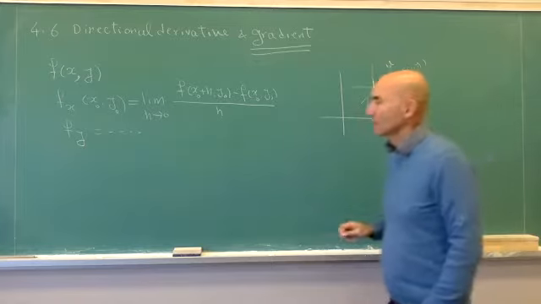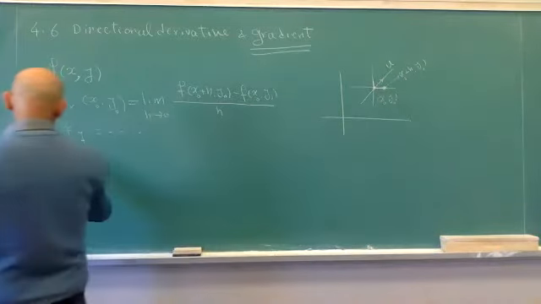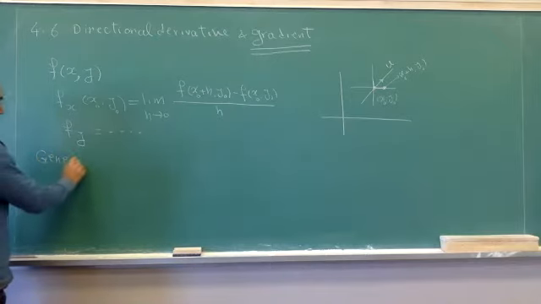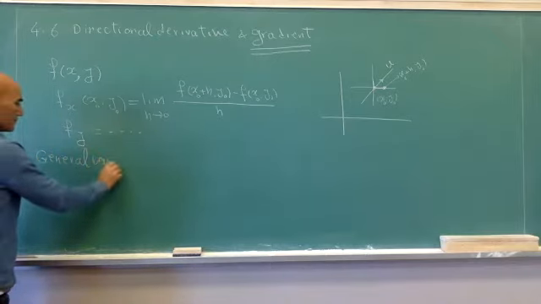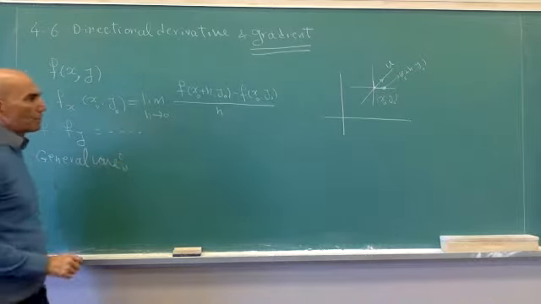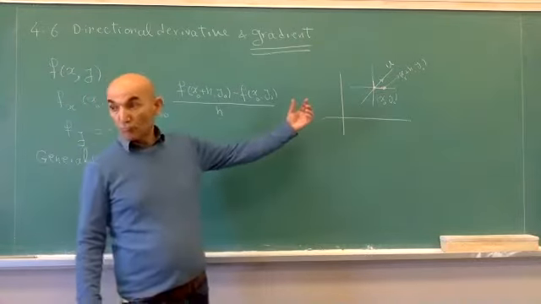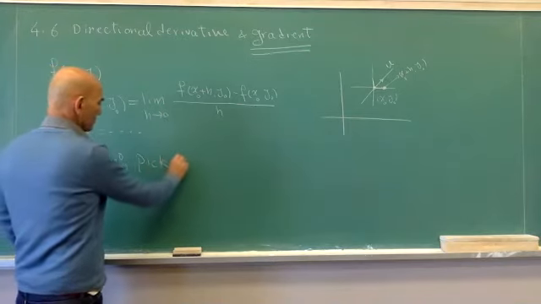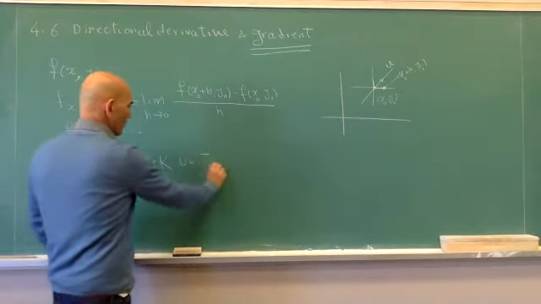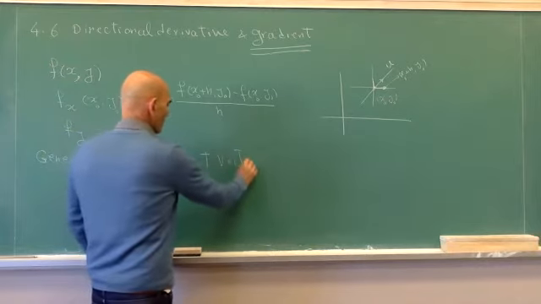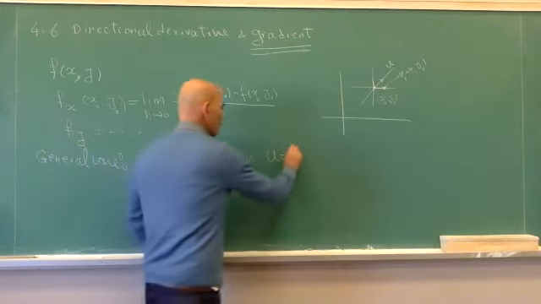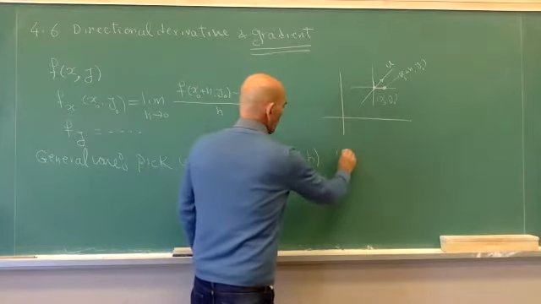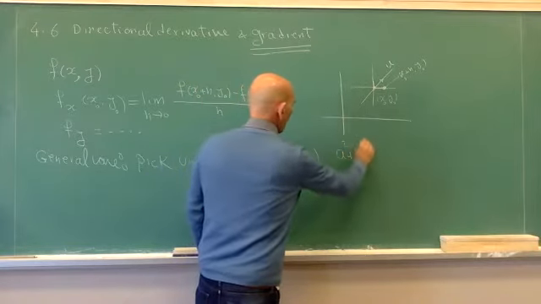So I just write the general case. We pick a unit vector u, so let u be equal to (a, b). Because it's a unit vector, a squared plus b squared is equal to 1.